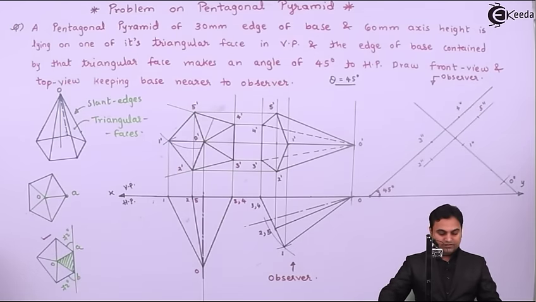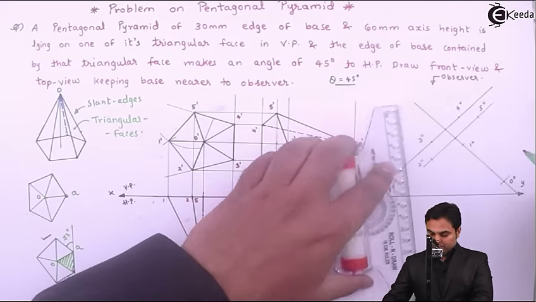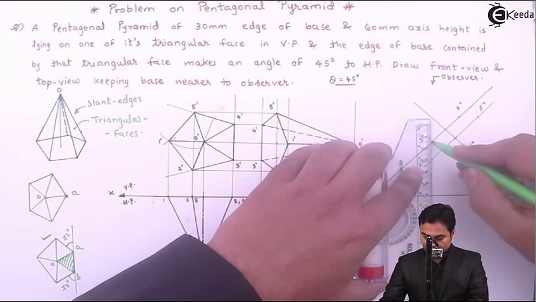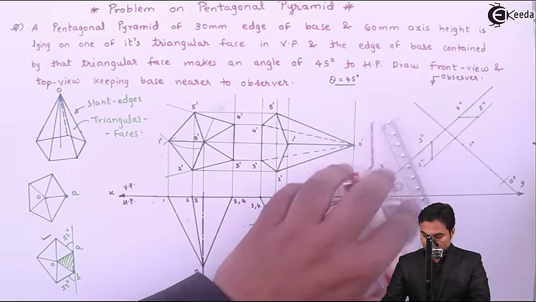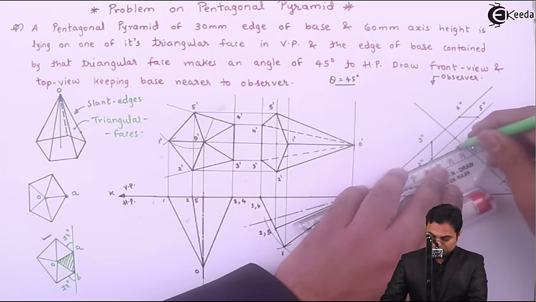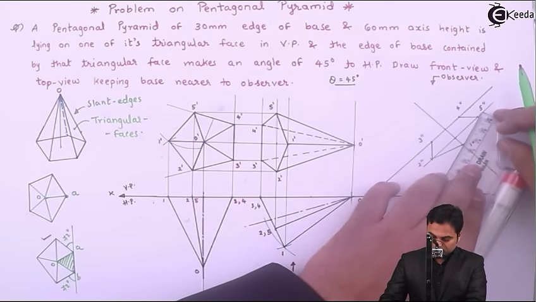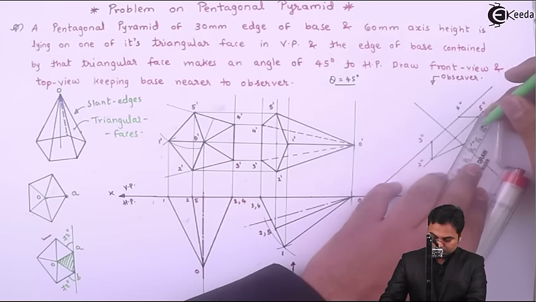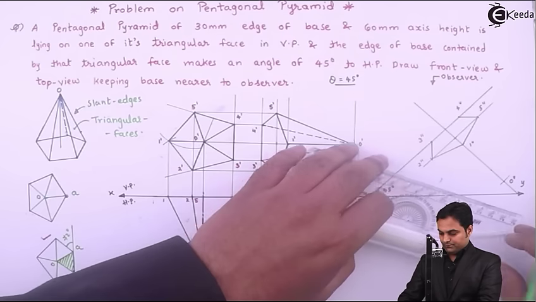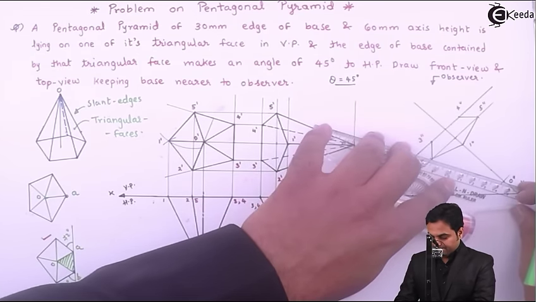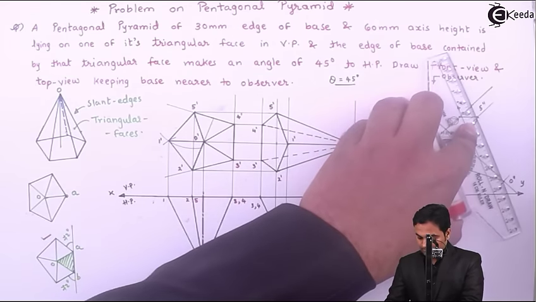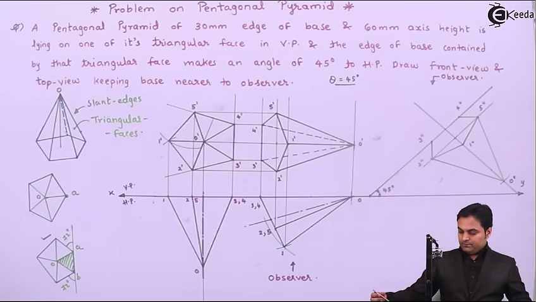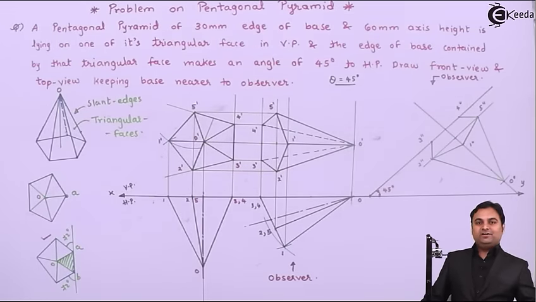Now I will join this in a proper sequence, first with the help of a light line. Next, after drawing it light, now I'll make it dark.